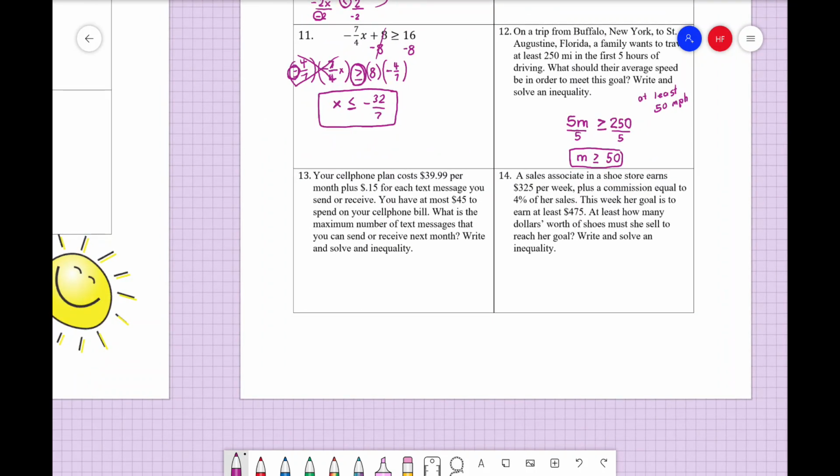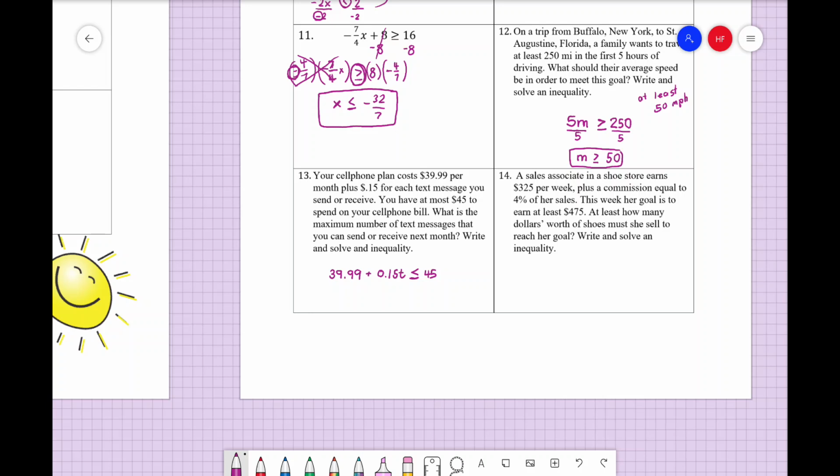So your cell phone plan is $39.99 plus 15 cents per text message. That amount has to be less than or equal to $45, or you've spent too much on your bill.